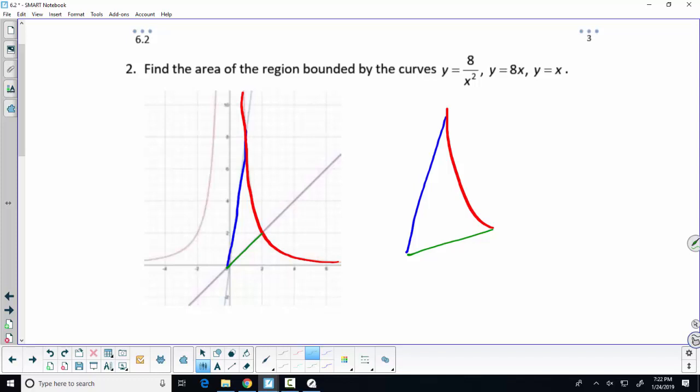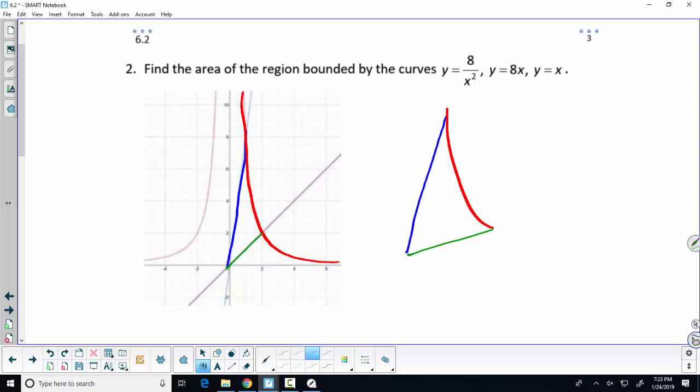Maybe as you first start doing these, just choose: do I want to integrate with respect to x? If I do, then my rectangles need to run like this, top minus bottom. Do I want to integrate with respect to y? My rectangles run like this, and I have to do the right minus the left. So what would make more sense, with respect to x or with respect to y?